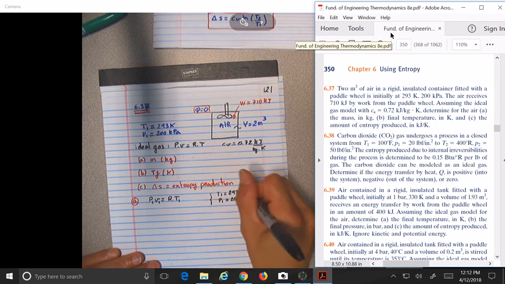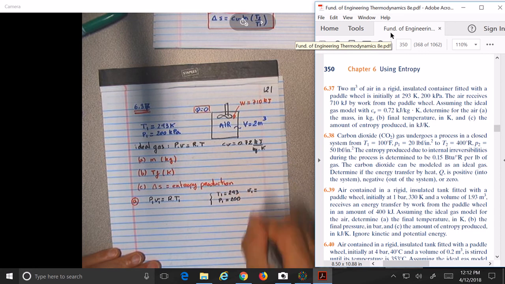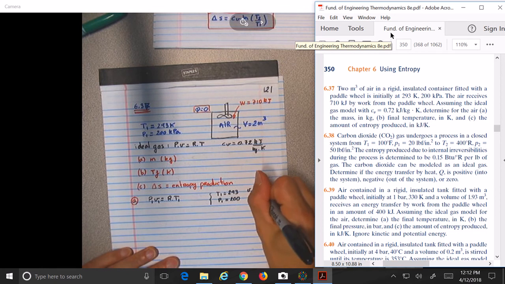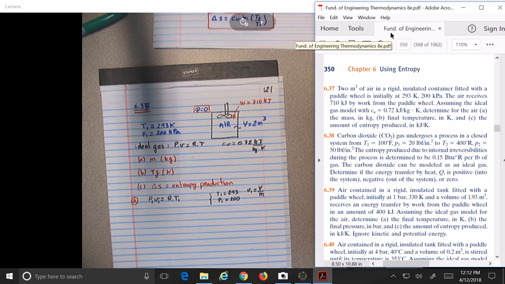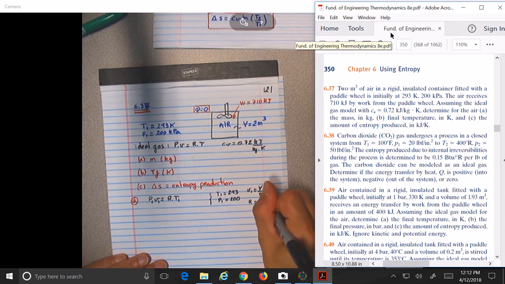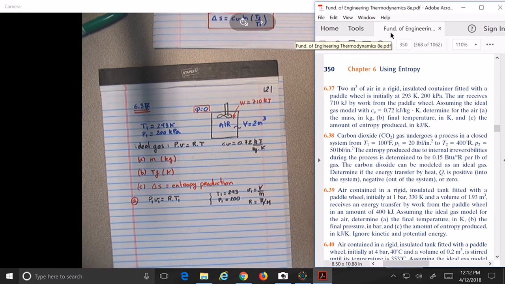What would be v1? V divided by m. And what would be R? R bar divided by the molar mass of air, no?